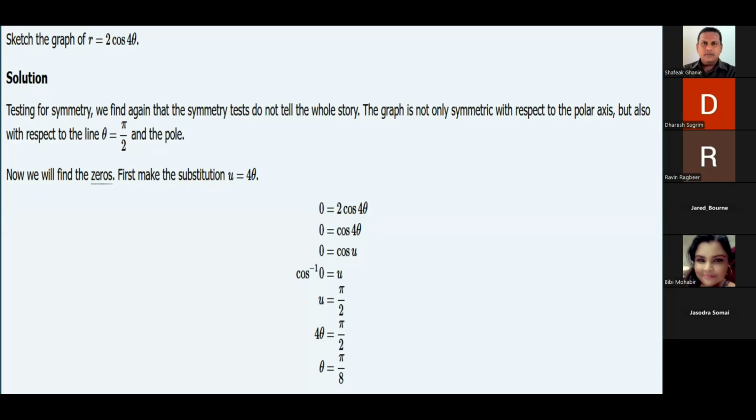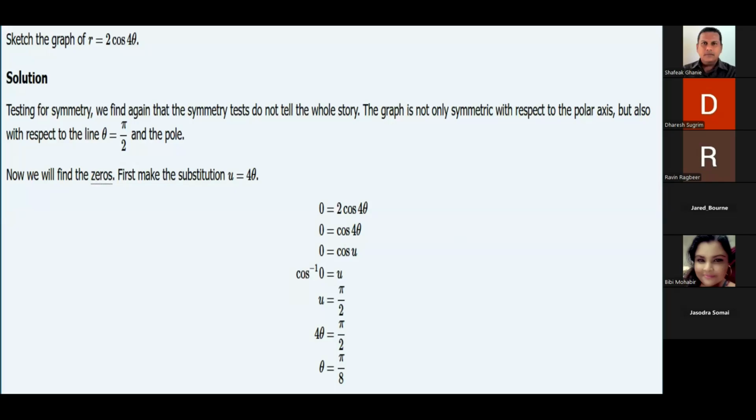Now, the first thing we do is find the zeros, and we make the substitution u is equal to 4 theta. Substituting, 0 is equal to 2 cos 4 theta, so 0 is equal to cos 4 theta, 0 is equal to cos u. And when we carry over, we have cos to the negative 1 power of 0 is equal to u. Hence, u will be equal to pi over 2, sorry.